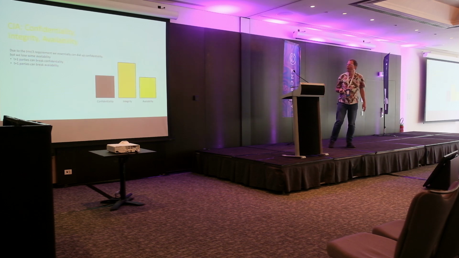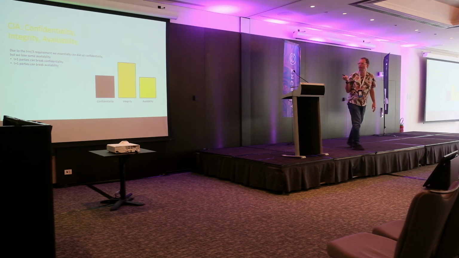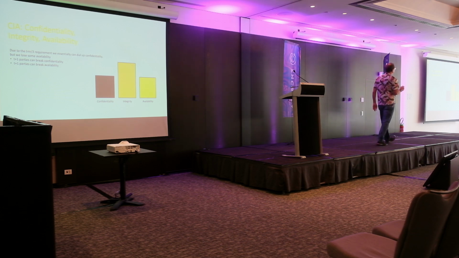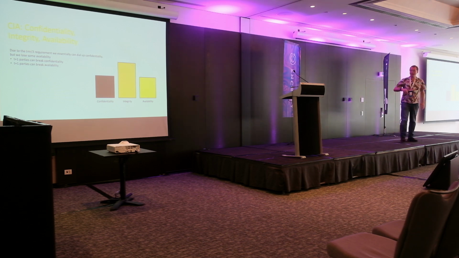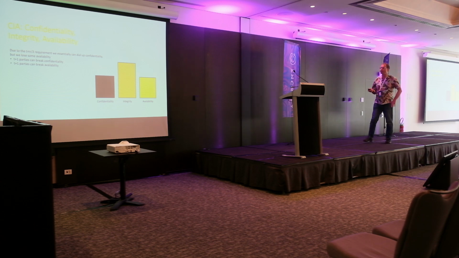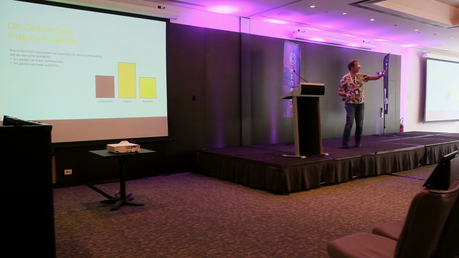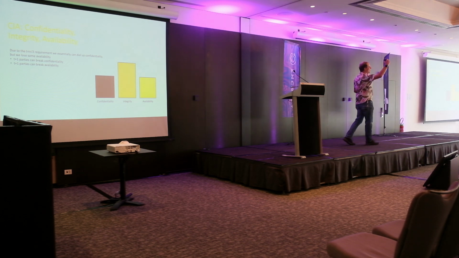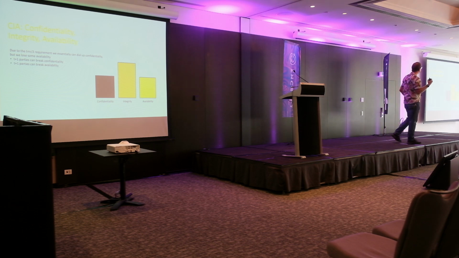Okay, so what that gives us, if we go back to our picture and deploy that on the blockchain, is that integrity we've still dialed up to 11, so that's kind of cool. We've got confidentiality, we've pushed that up, but we've had to pull down availability. And why?